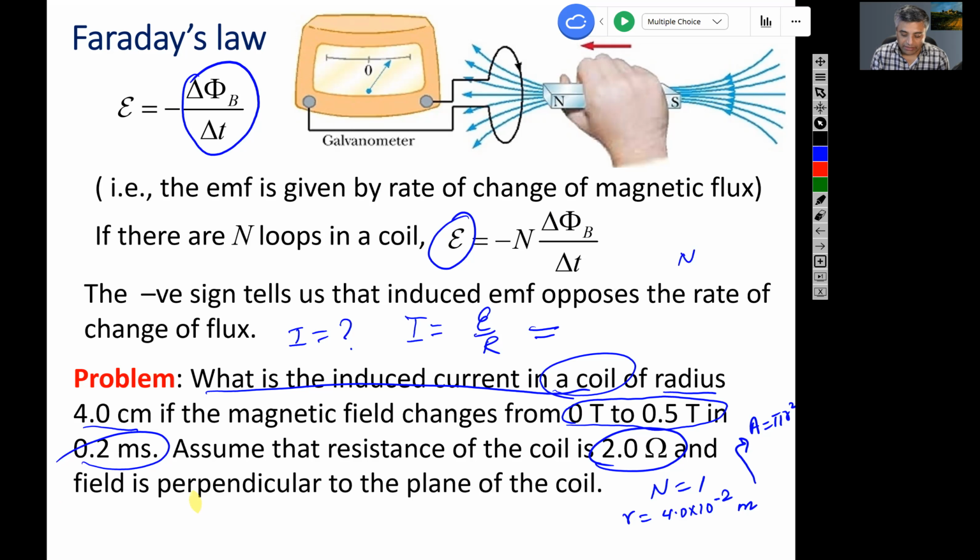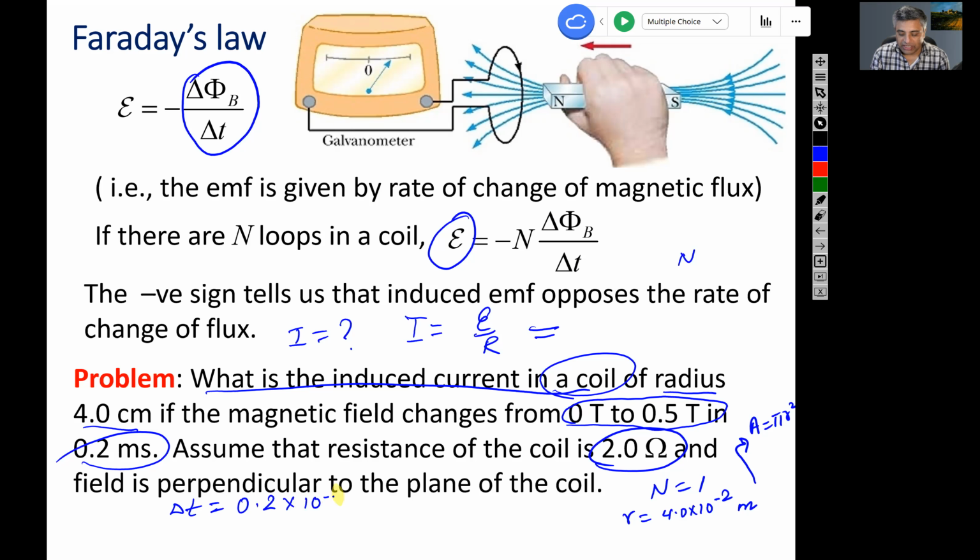Hey, time is given. 0.2 milliseconds. So how many seconds? Milli means 10 to the power negative 3 seconds. And magnetic field change goes from 0 to 0.5 Tesla.